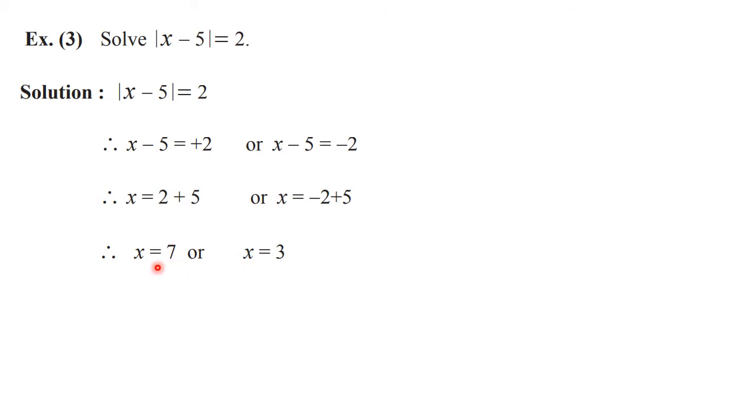You can check by substituting here. Put x is equal to 7. So when you put 7 here, 7 minus 5 is plus 2 and absolute value is 2. And if you put 3 here, then 3 minus 5 is minus 2 and the absolute value of minus 2 is also 2. Okay, that is why both the possibilities are there.